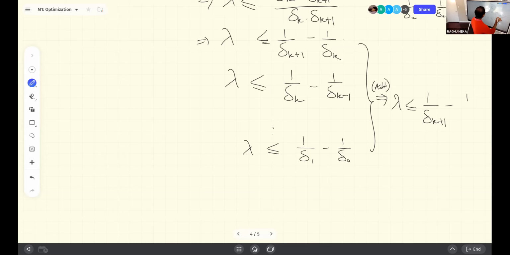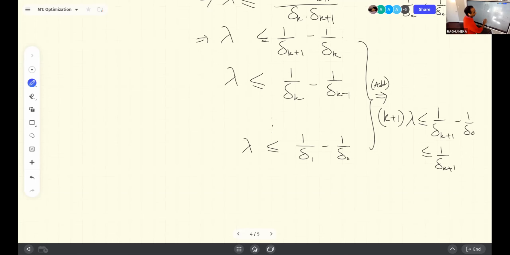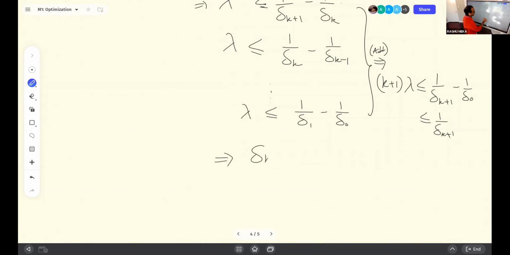There should be k plus 1 inequalities, so I get k plus 1 times lambda is less than or equal to 1 over delta k plus 1, which in turn implies that delta k plus 1 is less than or equal to 1 over k plus 1 times lambda.